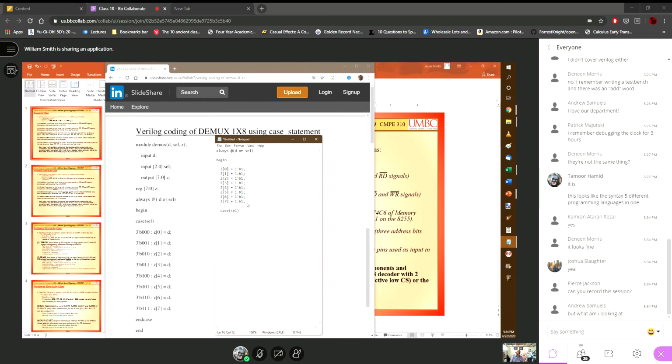And then you're going to say what we've got there. 3 tick B 0, colon Z of 0 equals 1 tick B0 tick B0 semicolon. And then you're going to repeat this.